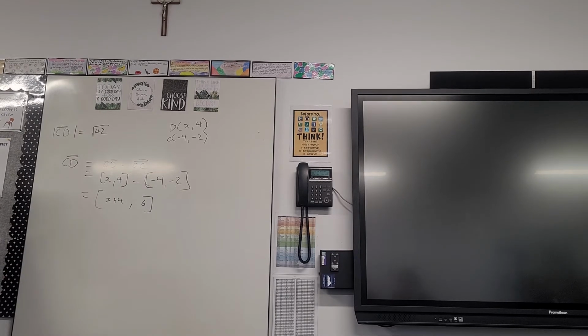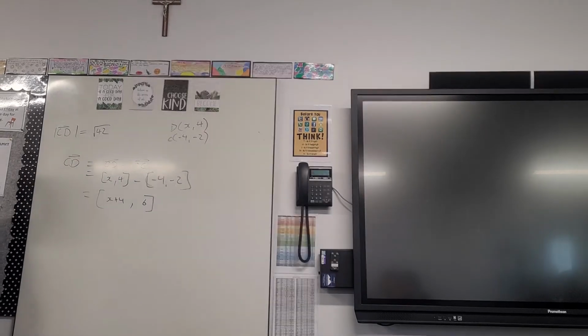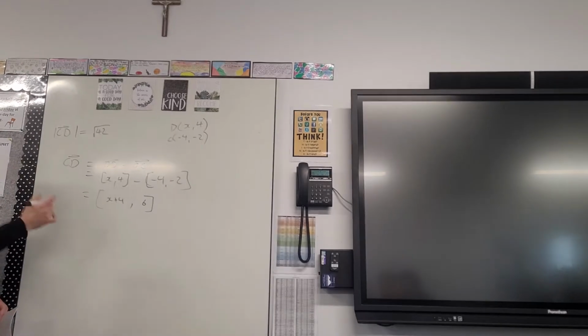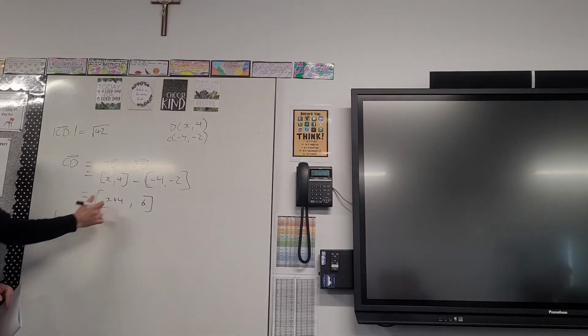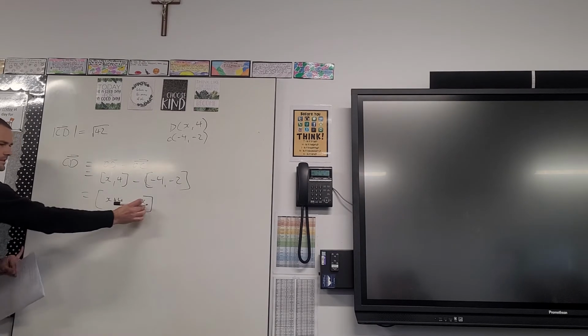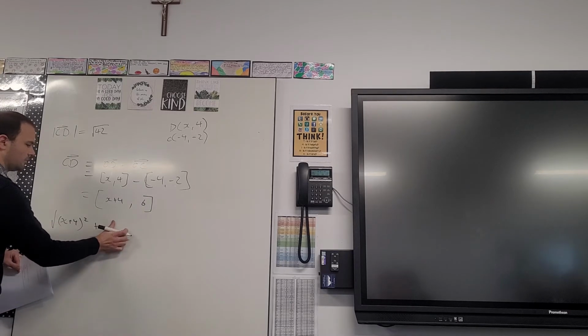Okay, so that's vector CD. Now we know vector CD has a magnitude of the square root of 42. Remember the magnitude is going to be the square root of (x plus 4) squared, the horizontal value squared, plus the vertical value squared, plus 6 squared.